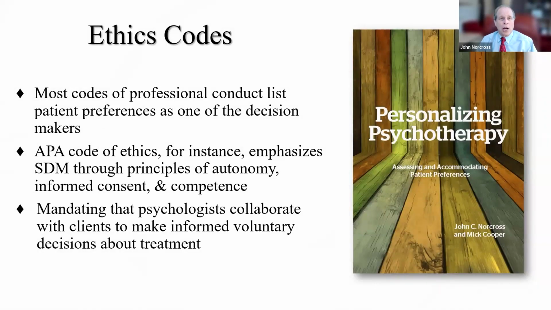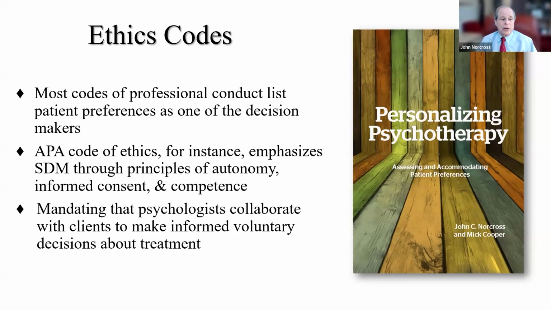Virtually all codes of ethics list patient preferences as one of the decision makers. I cannot personally attest that it's all codes, as I haven't read thousands, but as a co-author of a leading textbook on codes for psychologists, I can tell you virtually all do. My professional code, the American Psychological Association Code of Ethics, for instance, emphasizes shared decision making with patients in several aspirational principles.